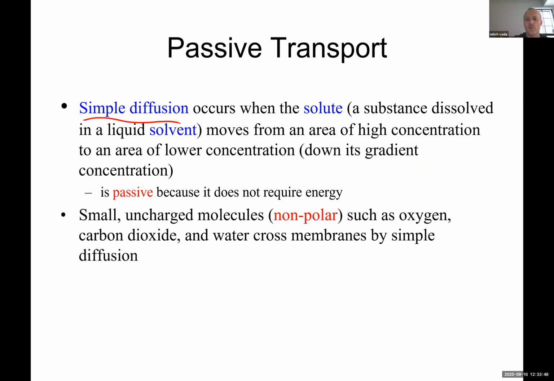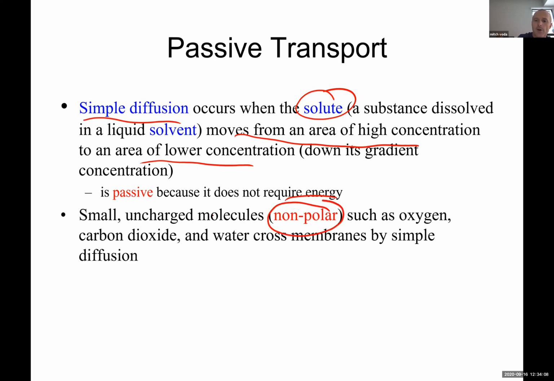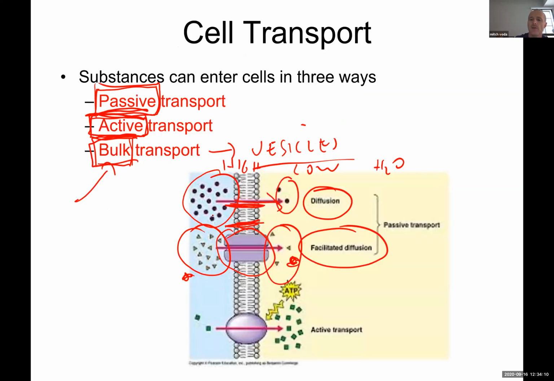Simple diffusion is when the solute, which is the substance dissolved in the solvent, moves from an area of high concentration to a low concentration. It does not require energy. What's very interesting is that a lot of the non-polar molecules can easily move through the membrane. Why? Because this membrane is semi-permeable and a lipid bilayer.